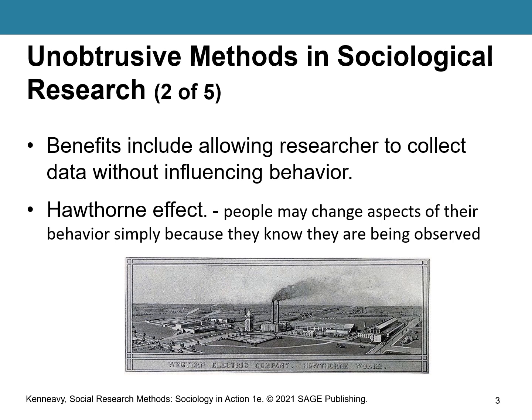But one of the things we have to be careful about is something that is known as the Hawthorne effect. This refers to the fact that people may often change some aspects of their behavior simply because they know they are being observed. In fact, this was based on an experiment done at the Hawthorne electrical factory.